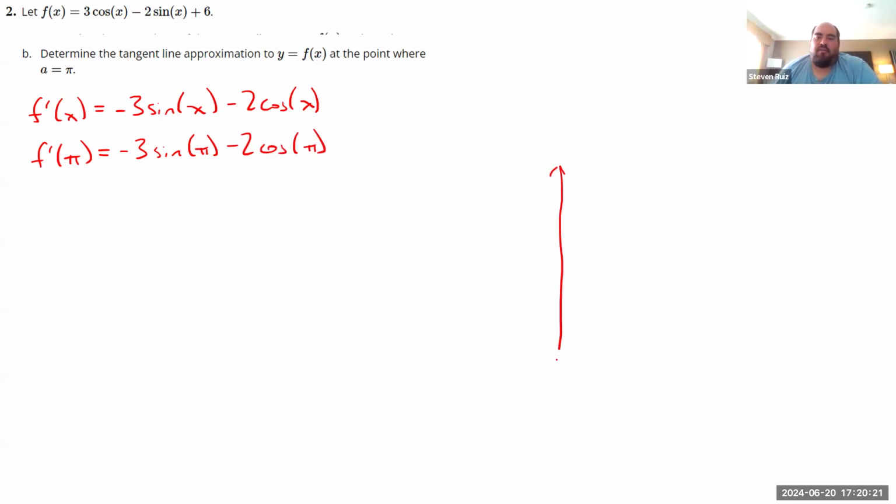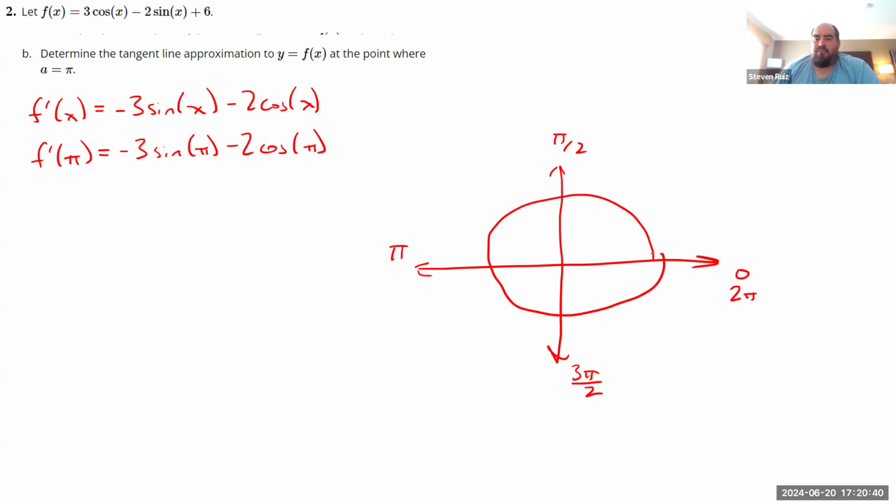Let's look at the unit circle again. The angles around here are going to be 0, pi over 2, pi, 3 pi over 2, and then one full rotation is 2 pi. So where on the unit circle am I looking? I am looking straight left, where the unit circle crosses the negative portion of the x-axis. Ignore how out of scale and asymmetrical my drawing is.